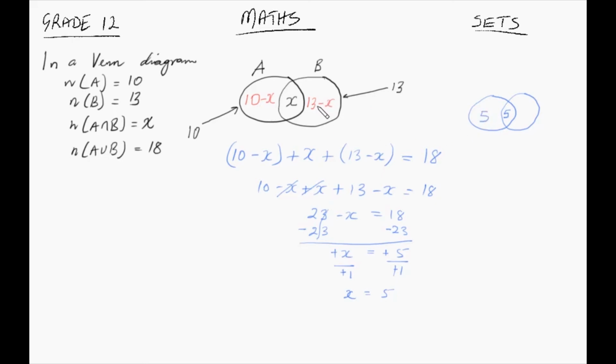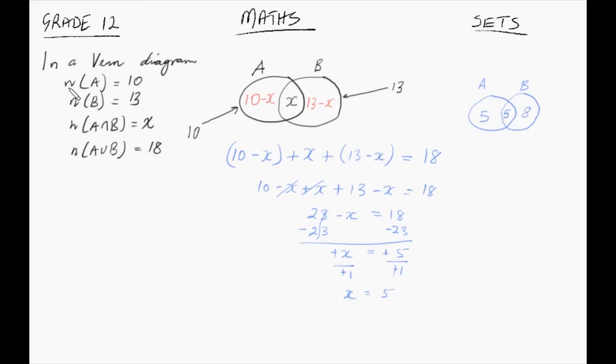Here we have 13 minus 5, which is 8. Remember, 5 is not an element; it is the number of elements in this region. 8 here is also the number of elements. That means there are 8 elements here, and 5 elements here.